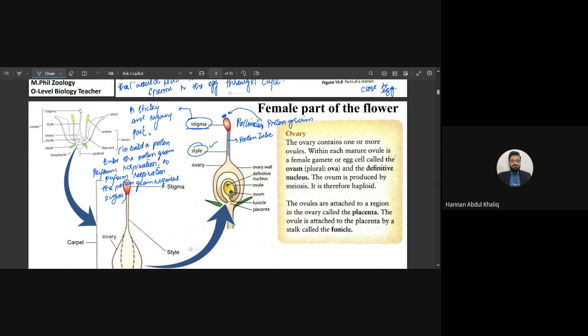That kind of genetic material no plant would want. See, this is the way nature works. Nature works for the fittest organism. If the organism is fitter, then it would pass the test. Passing through the style is the test for the pollen grains. If the pollen tube is made effectively, then the genetic material is useful. If it is not able to do that, then it is not fit.